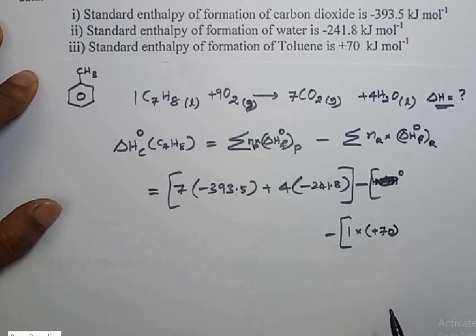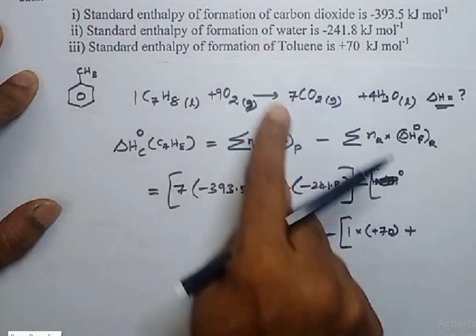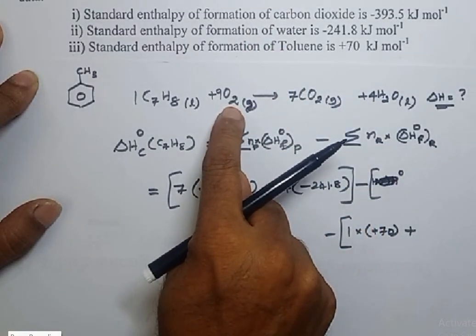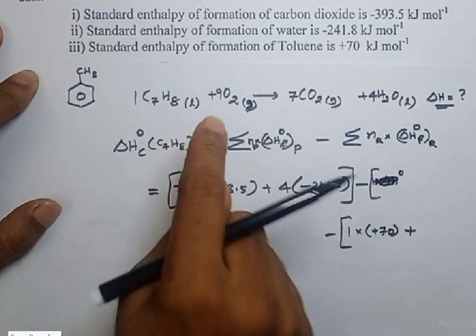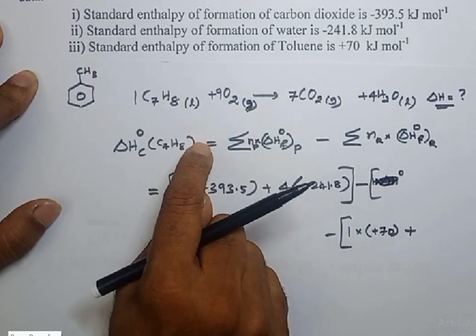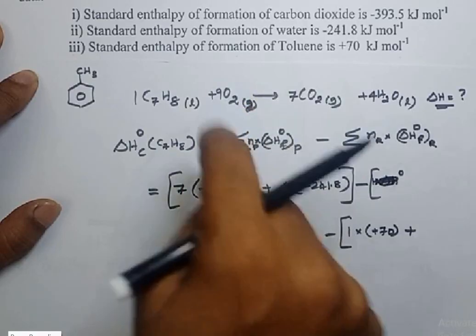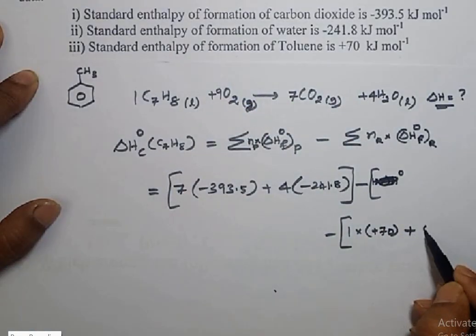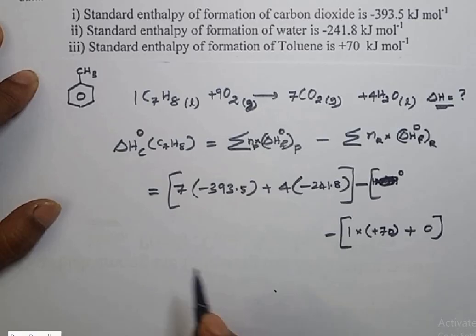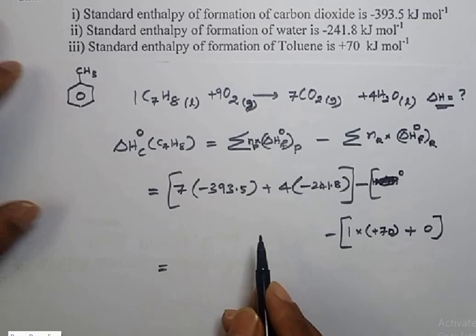I'll put that value as such. Plus, the second reactant species is oxygen. You know very well, the standard enthalpy of formation of elements in their stable and commonly occurring state is 0. Therefore, this is 0.